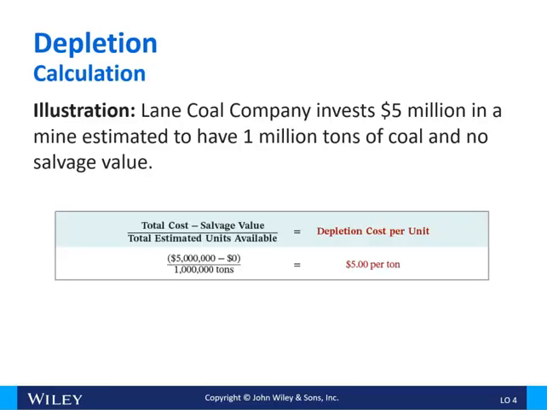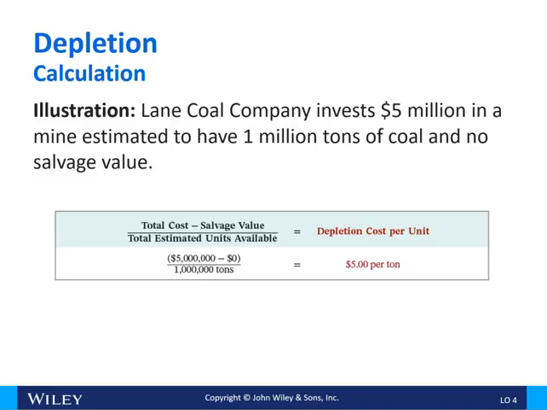Here's an example of a coal company. They invest $5 million in a mine estimated to have 1 million tons of coal and no salvage value. To get the depletion cost per unit, it's the same type of calculation we did for the depreciation cost per unit, where we take the total cost minus the salvage value divided by the total estimated units available.